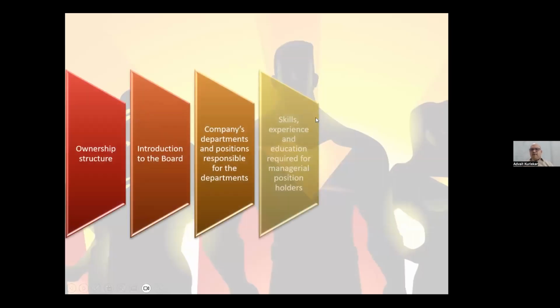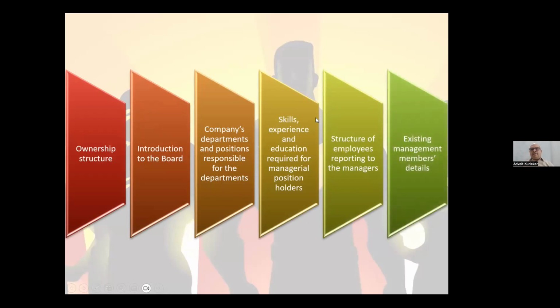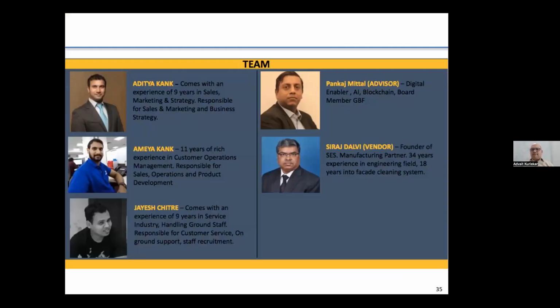There are a variety of things that are important: be clear about your ownership structure, whether you have an advisory board, who the different functions are, who's taking what, how you have distributed different responsibilities. Do you and your team have the relevant skills? Do they have the relevant experience? If you have a team, are the reporting relationships very clear? You need to be very clear about what kind of team you have.